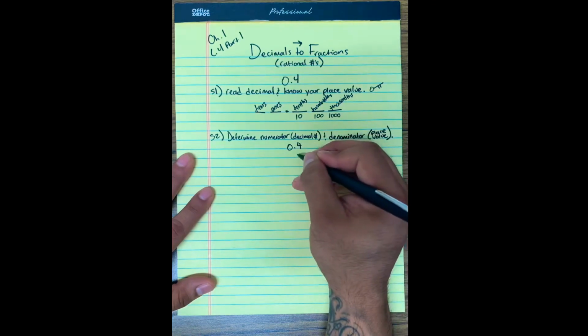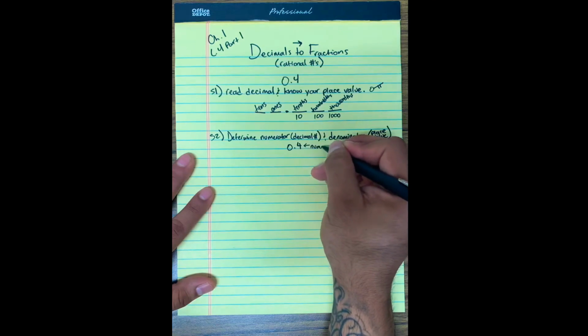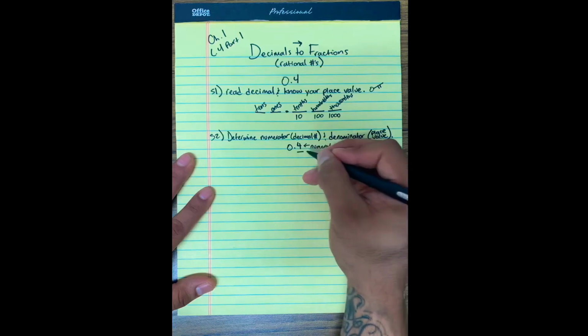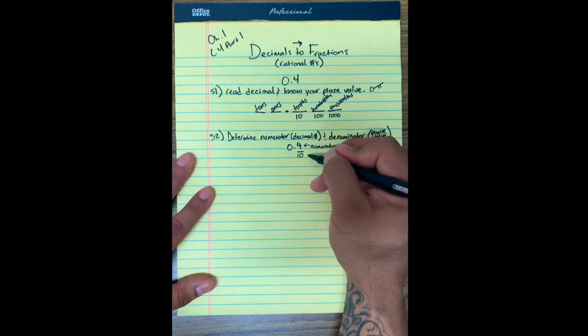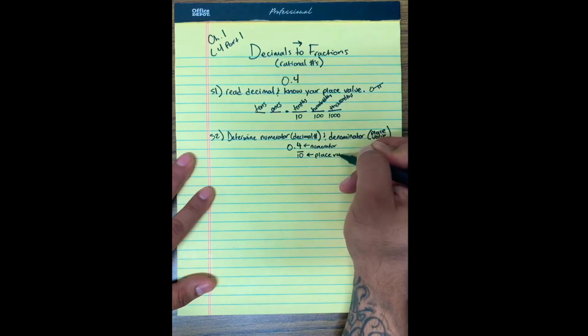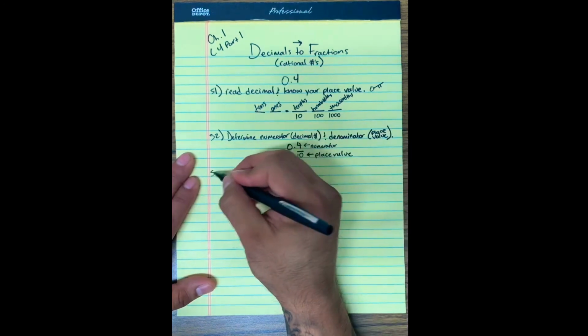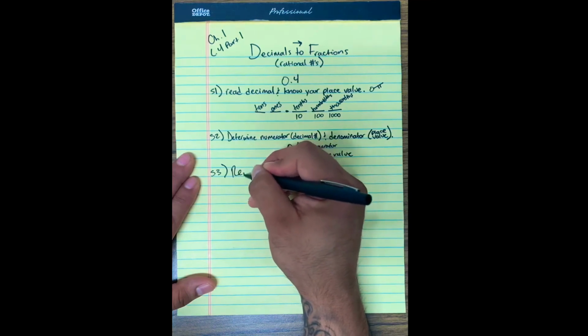You can think of the decimal as the and. You don't have to read it as 0 and 4/10 because 0 is nothing, right? So you could technically read it as 4/10. So your 4 is your numerator because that's your decimal number. And your place value is tenths, is a 10 because it's in the tenths place.